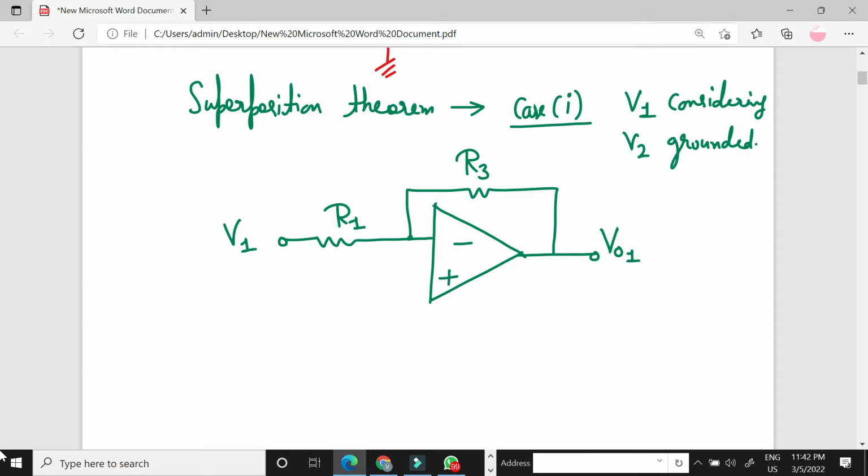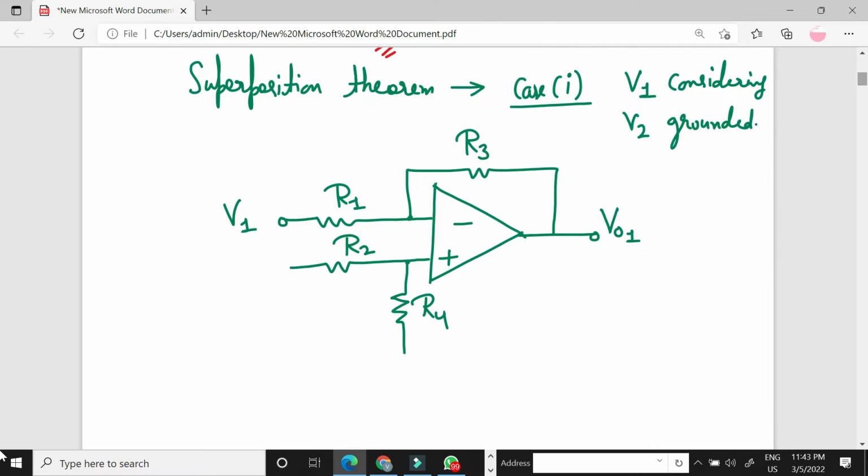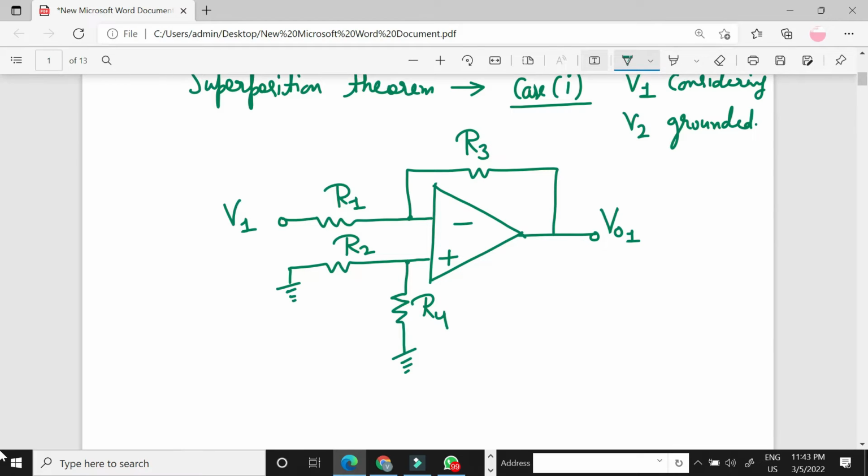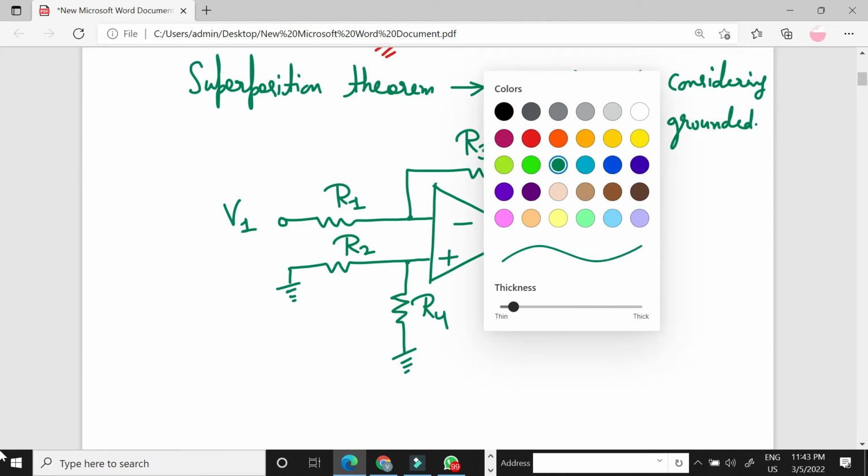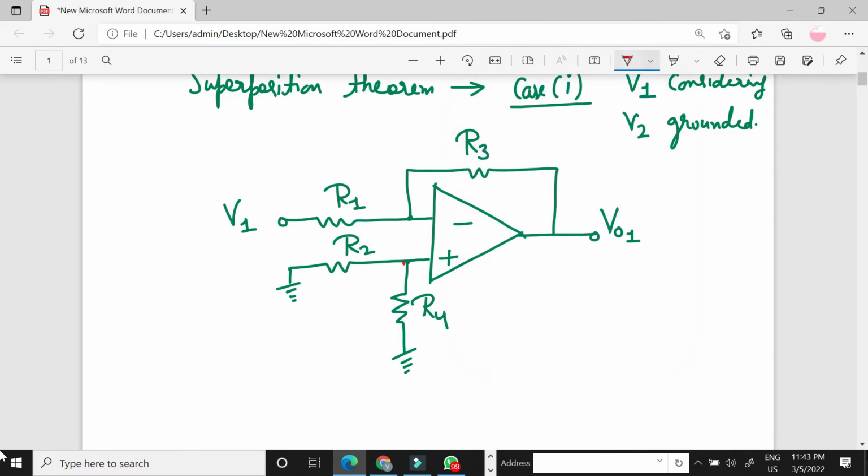Here is positive. This is R2 and this is R4. So V2 is grounded, it means we can set it at 0 volt, and this is already at 0 volt. So it has no significance. So these resistors have no significance because there is no voltage source at the non-inverting terminal.